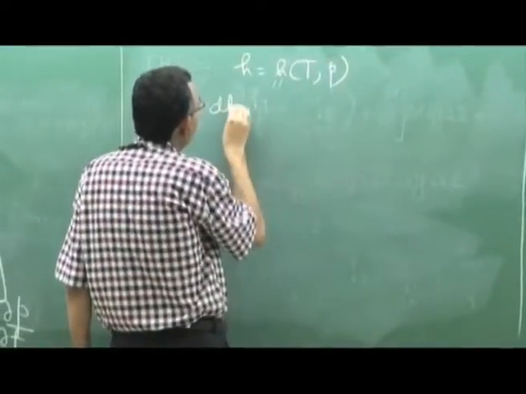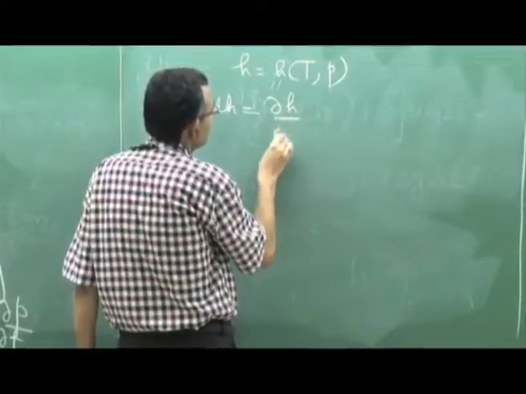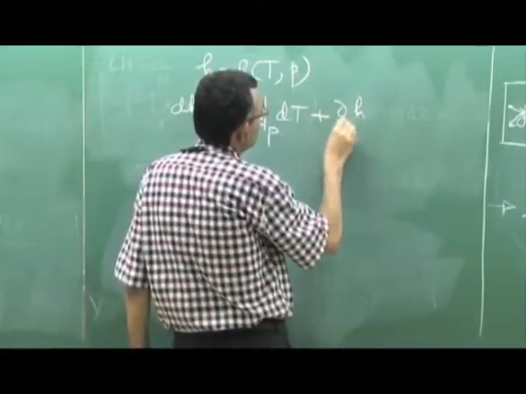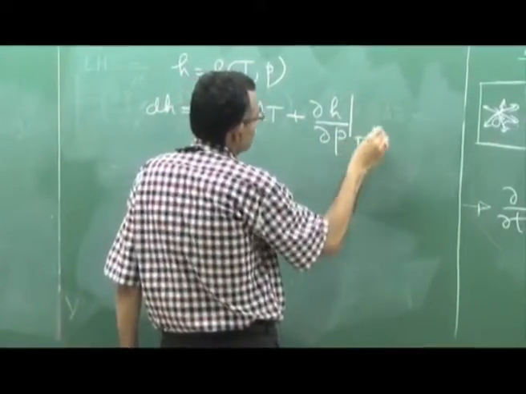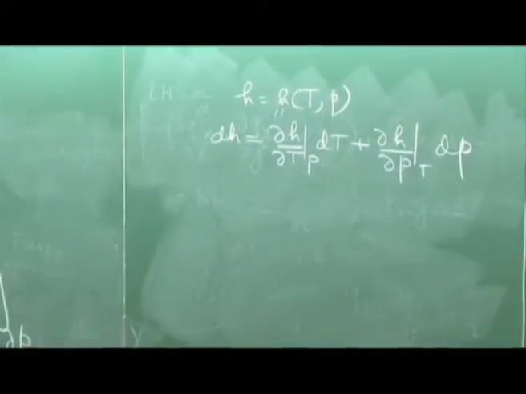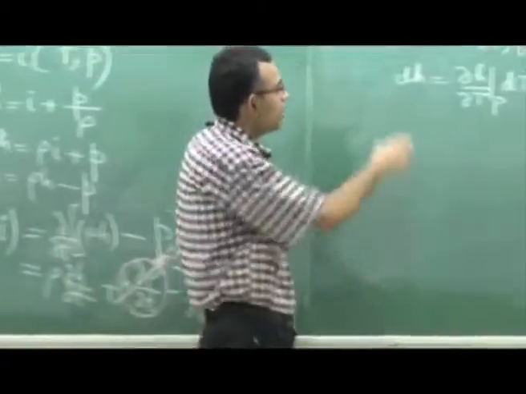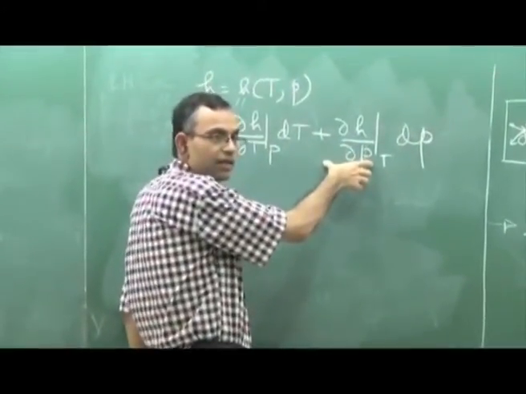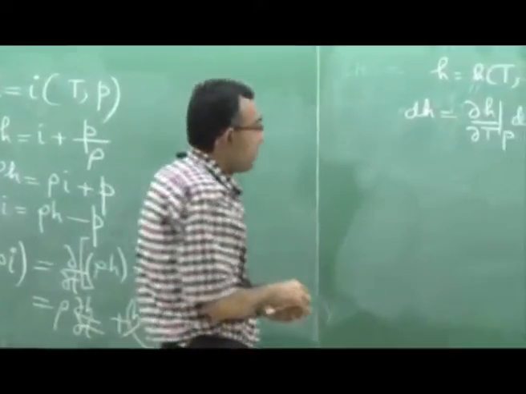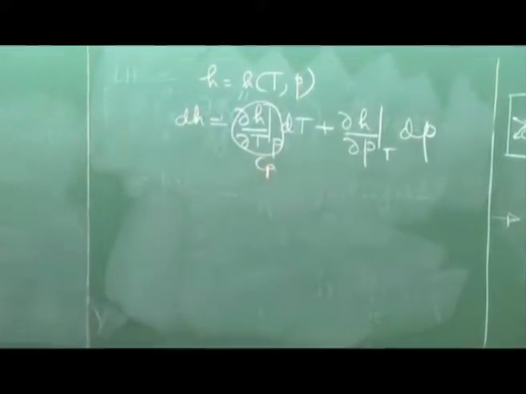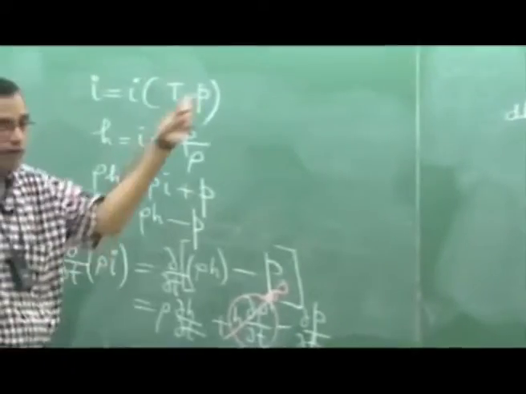So we can write dH by the basic rule of partial derivatives: the total change is the sum of the partial change due to change in temperature plus the partial change due to change in pressure. By definition, you know, this is Cp. This is the definition of Cp.